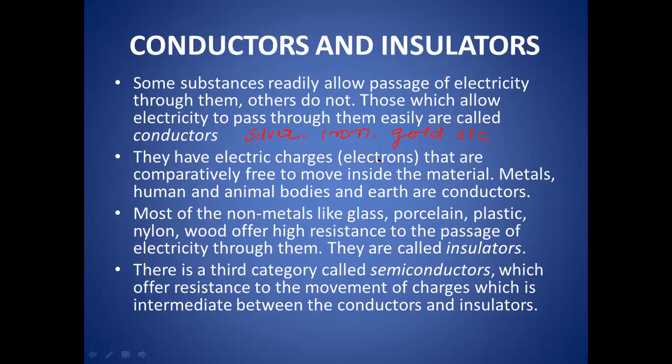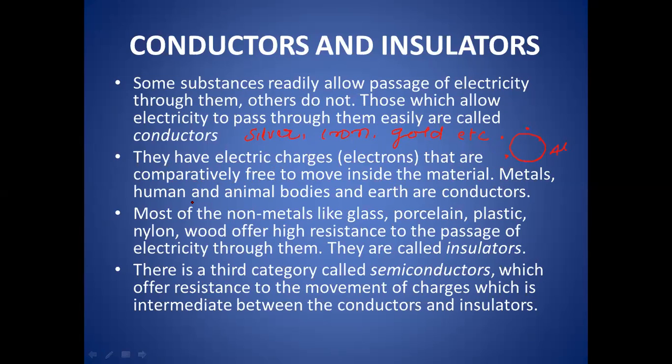They have electric charges, electrons, that are comparatively free to move inside the material. Means a conductor has free electrons, like aluminum. If you consider it, there are 3 electrons in the outermost orbit. They are very freely moving.